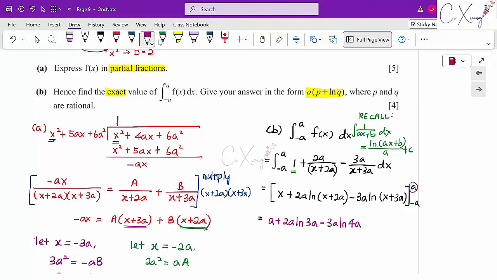After that, I have to substitute the negative a, so I have to minus. Substituting negative a into the x, you will have negative a, then plus 2a ln of negative a plus 2a, which is ln a. Then ln of negative a plus 3a gives ln 2a.